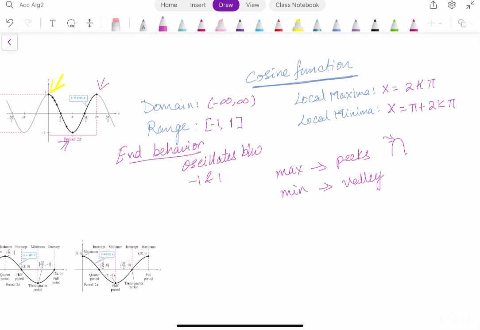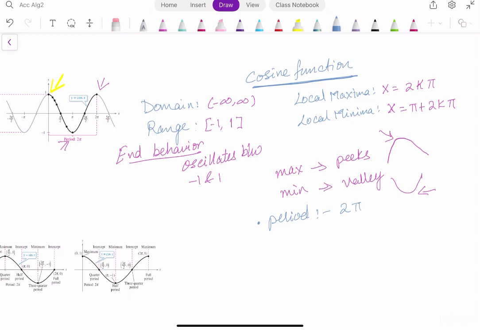And the minimum is just the valley. So we have peaks and then the valleys that represents max or min. And when we are talking about max and min, we are talking about the local max and local min. And this concept will also help you in calculus, when you will learn calculus.